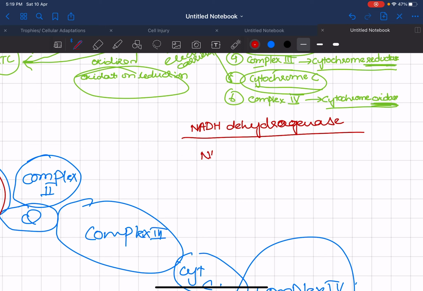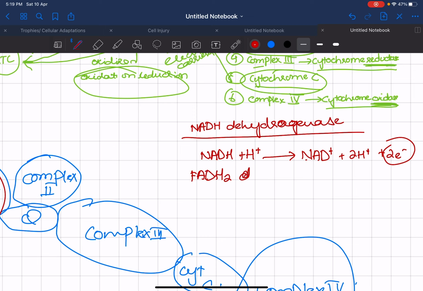Okay, so NADH plus H positive, it's written like that, will be transformed into NAD positive plus 2H positive plus 2 electrons, because to balance out the positivity we have the electrons there. They're also going to be released. That is what dehydrogenase means.